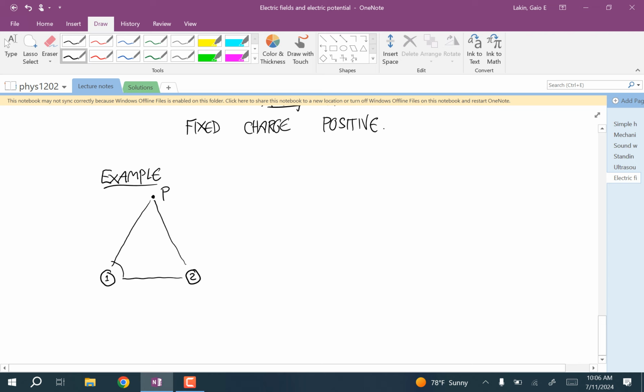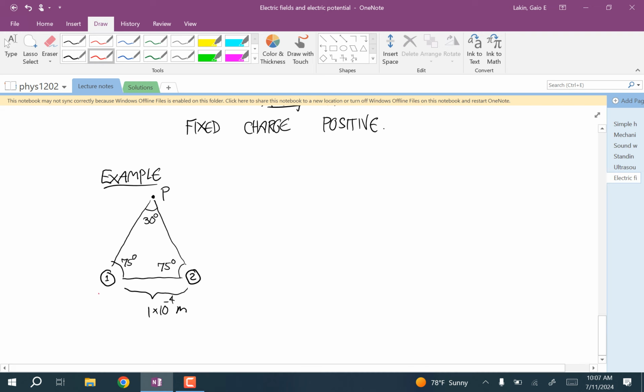So let's say that each of these 2 angles is 75 degrees. Those add up to 150, so we know that this one has to be 30 degrees. And let's say that the distance between these two fixed charges is 1 times 10 to the minus 4 meters. So they're very close together.